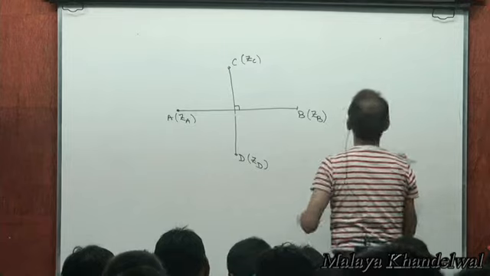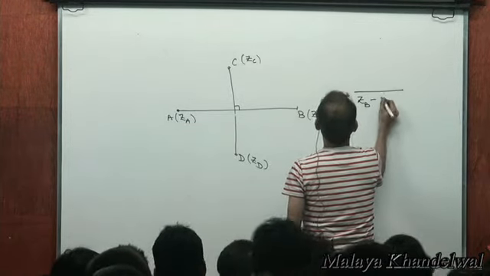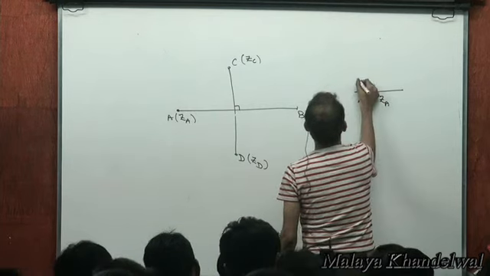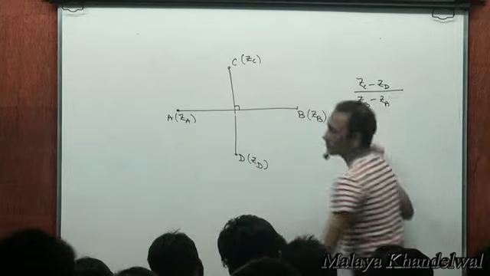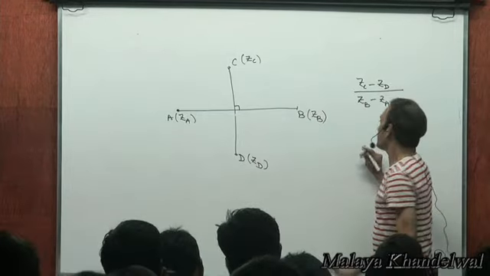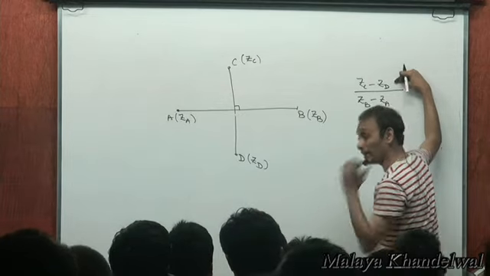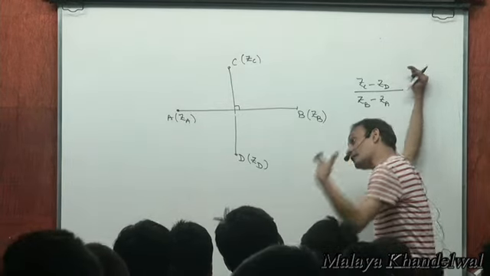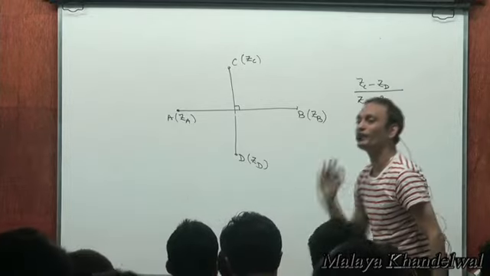Now, let's say I take ZB minus ZA and I take ZC minus ZD. Now the amount by which the denominator vector must be rotated so that it coincides with the numerator vector is either plus pi by 2 or minus pi by 2, depending on their relative orientations.